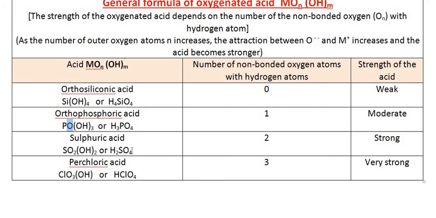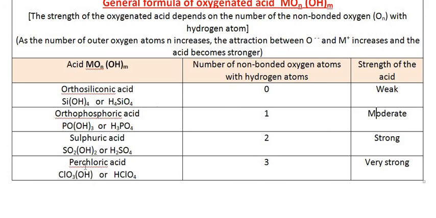Sulfuric acid, H2SO4: two hydrogen atoms are linked with two oxygen atoms in this way, but still there are two oxygen atoms not linked to hydrogen. So this acid is stronger than this one. Why? This one contains one free oxygen atom, but this one contains two free oxygen atoms.